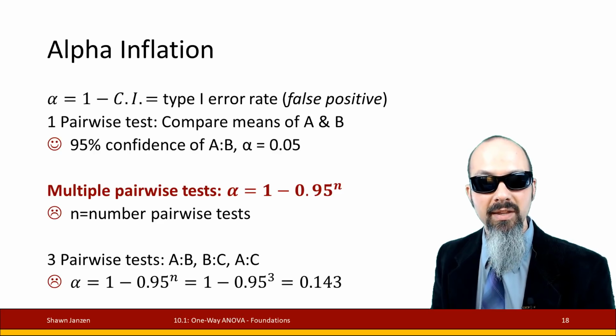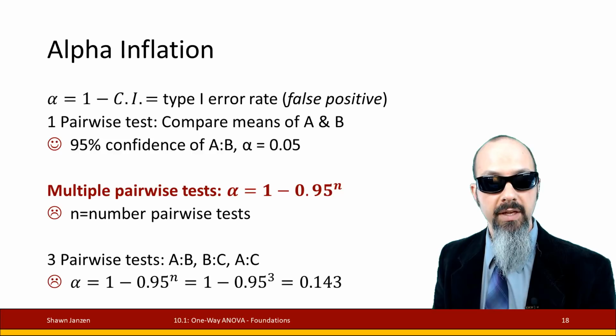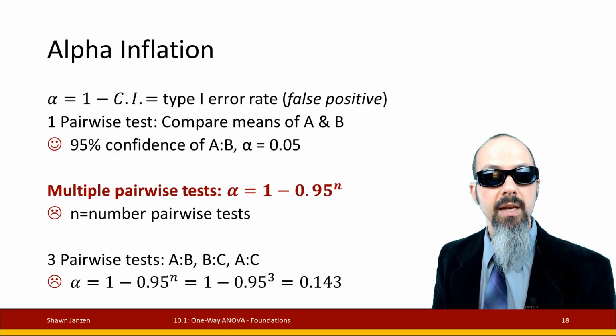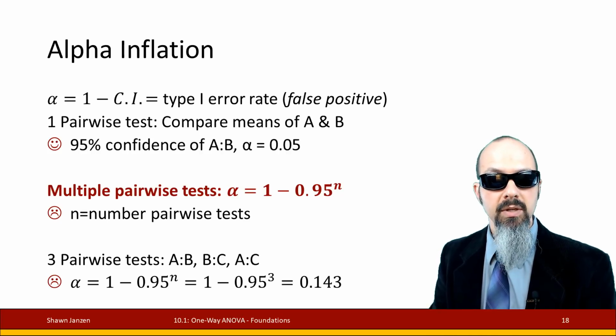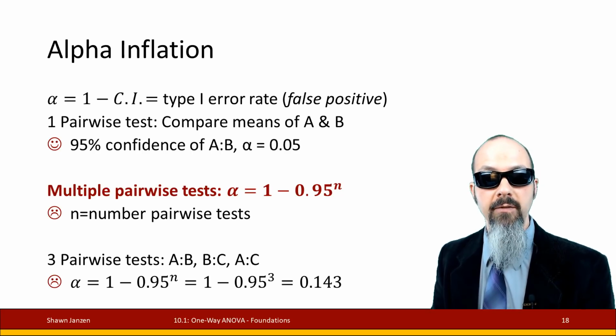When we're dealing with the type 1 error issue, this is what we call alpha inflation. When you're doing a t-test or some other comparison of means test, you set a particular alpha level and say, that's the most amount of risk that I want to take. Typically we use alpha at 0.05, so that's what I'm going to use for this example here. And so you say, I'm going to be confident at 95% that the difference between two groups, in this case we'll say A and B, that my alpha is 5% or 0.05.